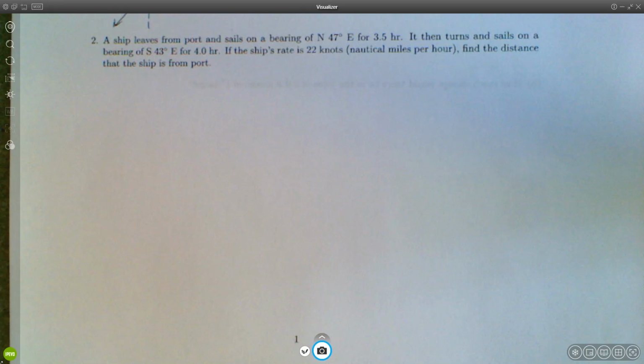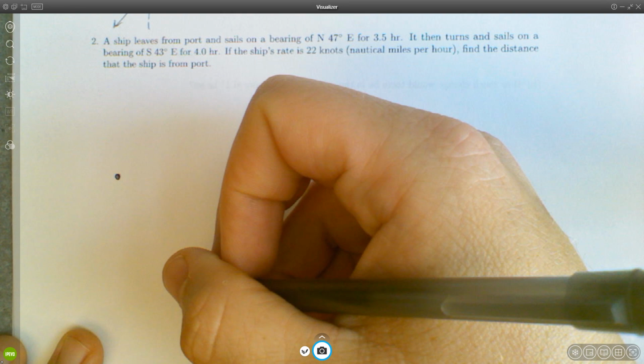Okay, so let's do this. The ship leaves from port and sails on a bearing of north 47 degrees east. So let's say that this is the port right here. From port, the ship is going to leave on a bearing of north 47 degrees east, so towards the east, something like this. So it goes on this bearing.